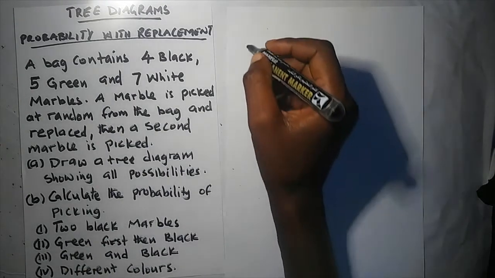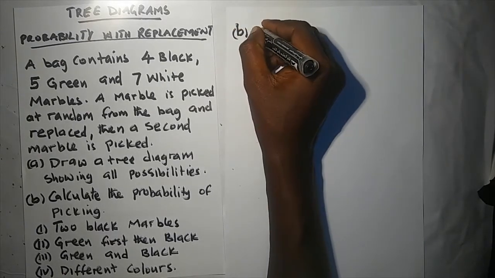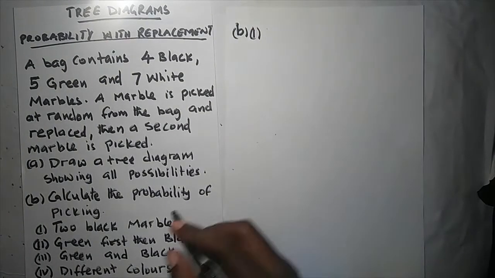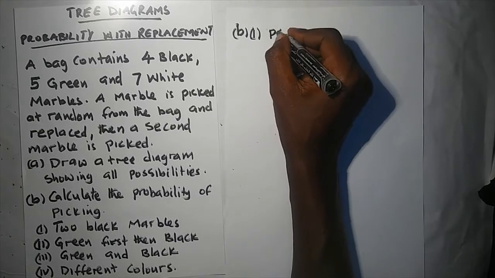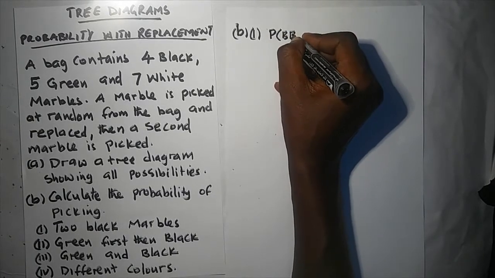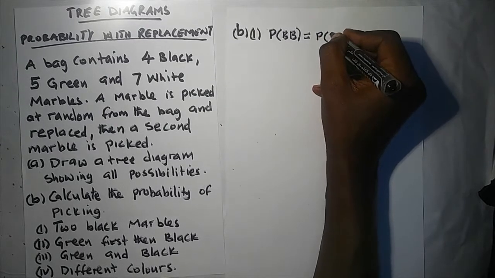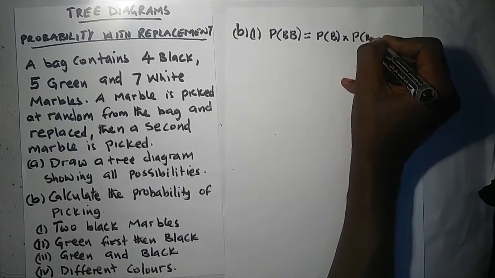So here, part B of the question, B1, we'll keep referring to the tree diagram that we have drawn. So the probability of picking 2 black marbles is written as probability of black and black, which is equal to probability of black times the probability of black.